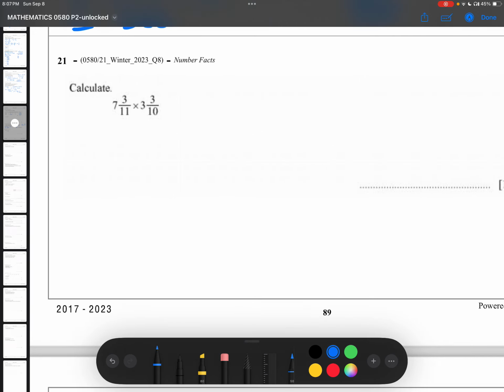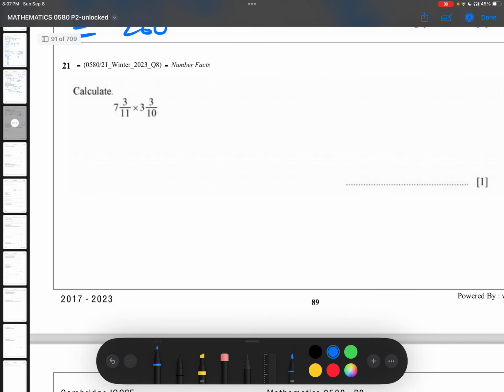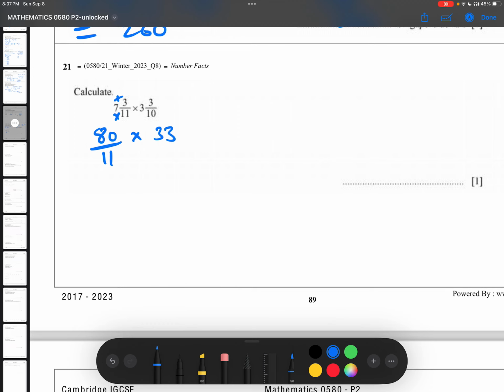So first, I will convert these mixed fractions into improper ones. 11 multiplied by 7 is 77, and 77 plus 3 is 80 upon 11. Multiplied by 10 multiplied by 3 is 30, 30 plus 3 is 33, 33 upon 10.